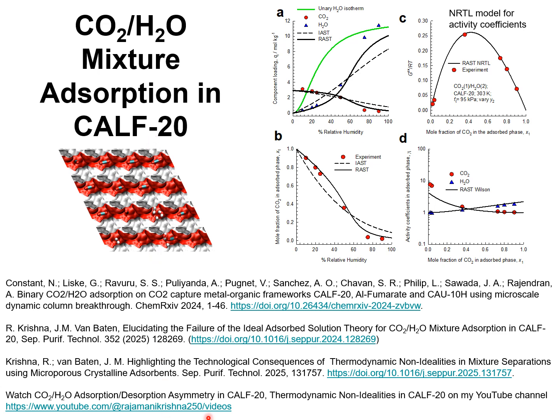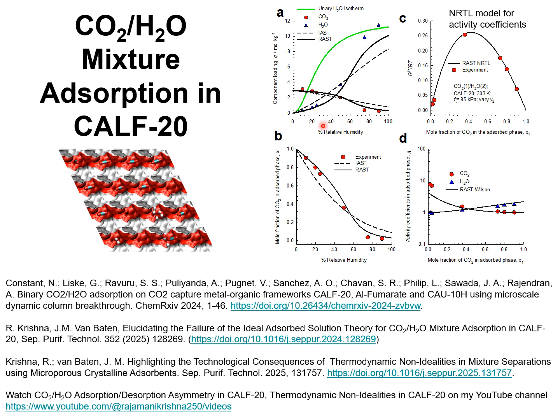In order to demonstrate this, I plot the experimental data of Rajendran and co-workers, published in ChemRxiv 2024, as a function of the percentage relative humidity. The blue triangles are the component loadings for water, and the red circles are the component loadings for CO2.